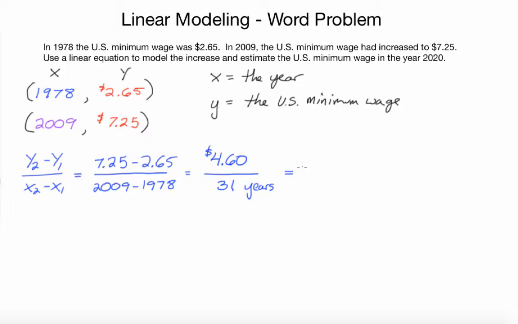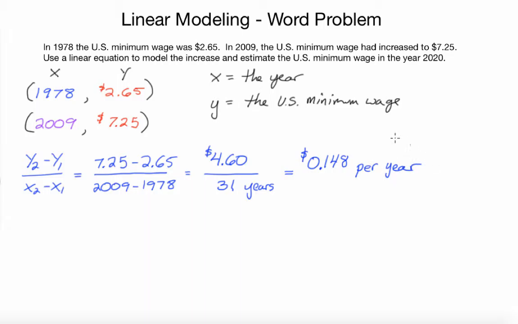And we see that we get kind of an ugly decimal, but 0.148, and I'm going to round it to the nearest third place. And what we see is that it's an increase of about almost 15 cents, a little under 15 cents per year.